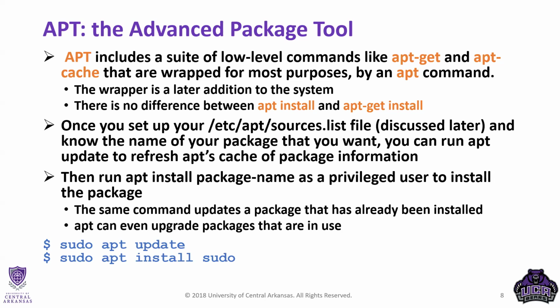Now, when you want to install something, you need to do one thing first, and that is sudo apt update. What that does is force that list to be updated with all the newest software. And then when you want to install the software, you actually run the install. Now, here's one of the big attractors when it comes to Linux: you can see right here, I'm using sudo, and then I'm doing apt install and installing the newest version of sudo.